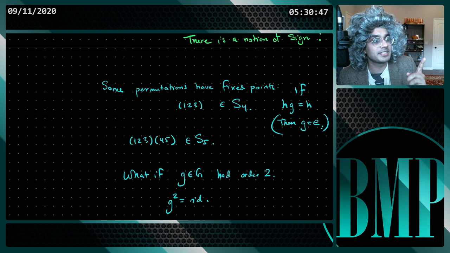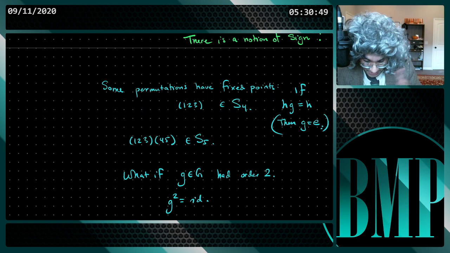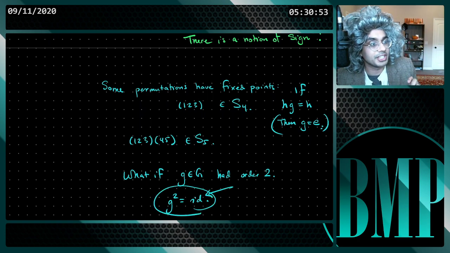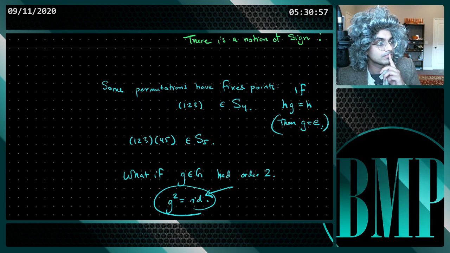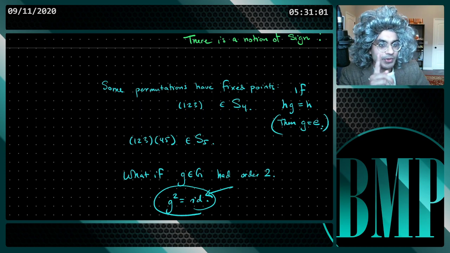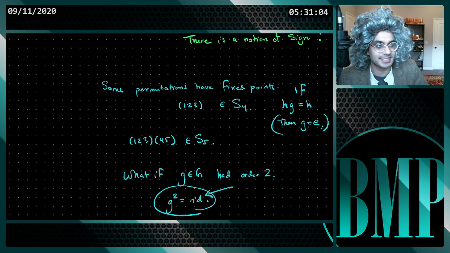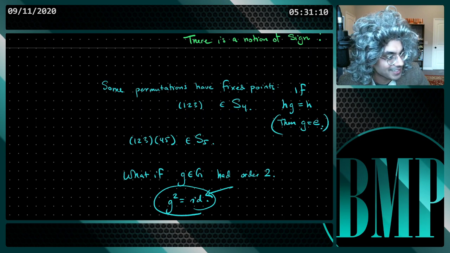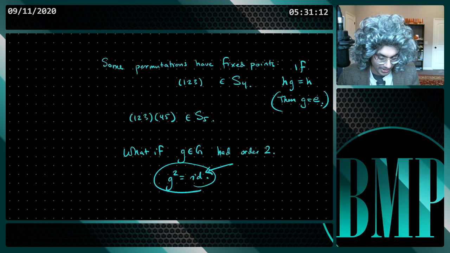Some of them would still be such that G squared equals identity, not G squared equals G. Yeah, so I think we just have to try some examples to see if we can shoot it down right away. But we should file this one away. It's a good question. Okay.